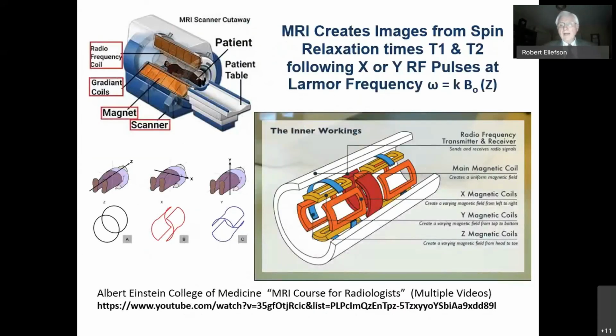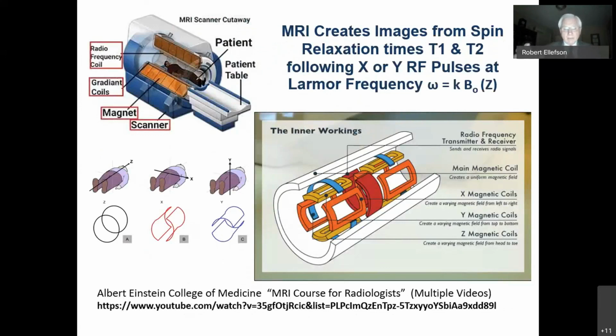So one final thing, how is this actually used in the operating area? The picture is what we show, and the main magnetic field is defined. That makes what the Larmor frequency is for resonance.